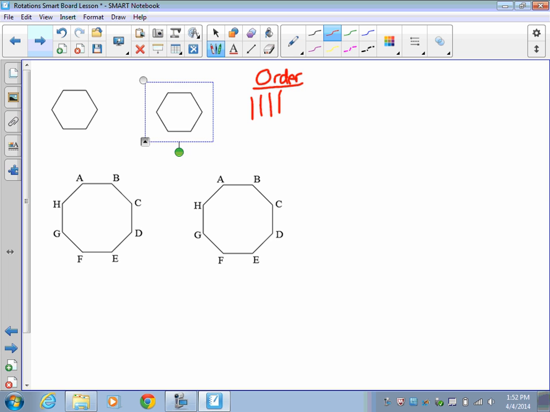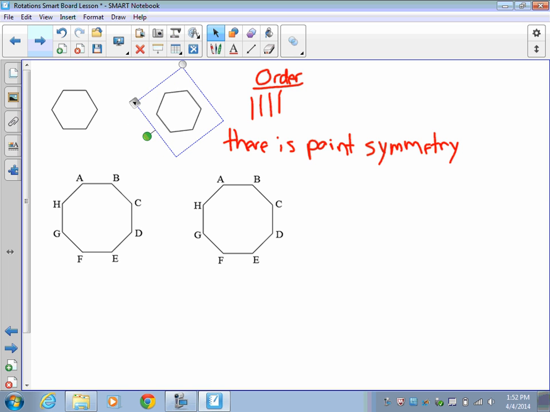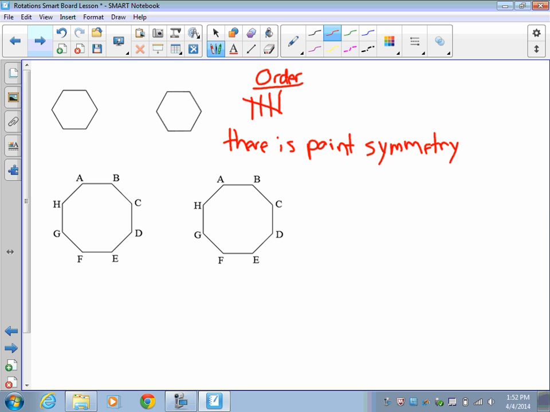That means there is point symmetry. So if I keep turning it, there's number 5. And there's number 6.